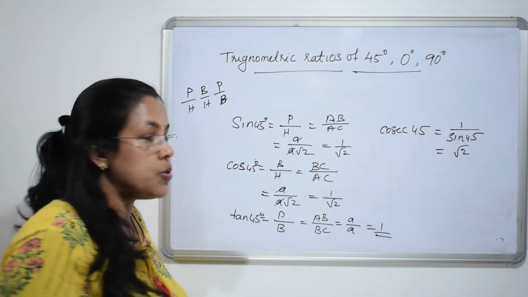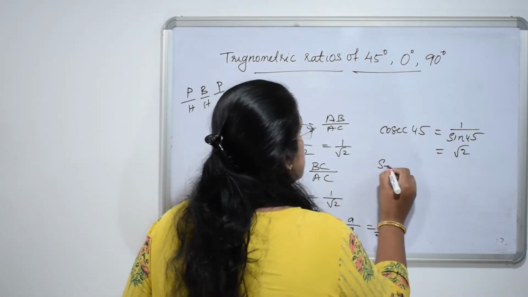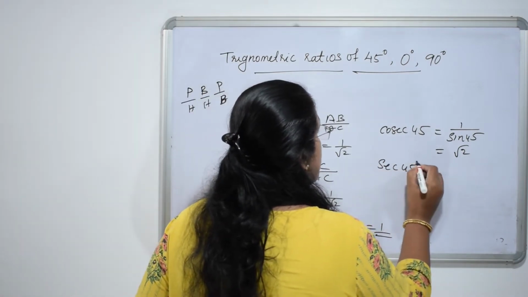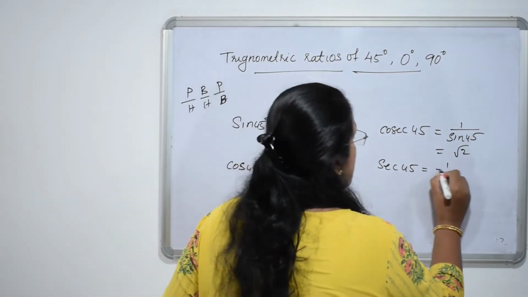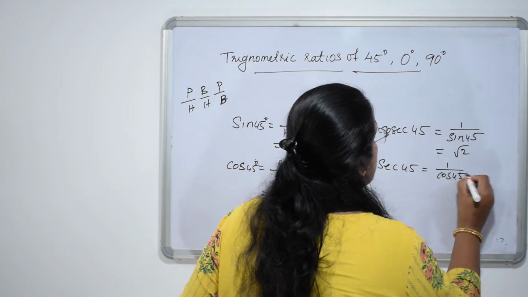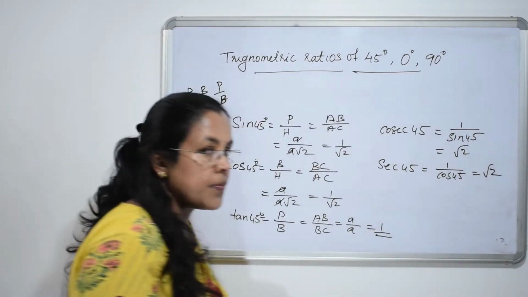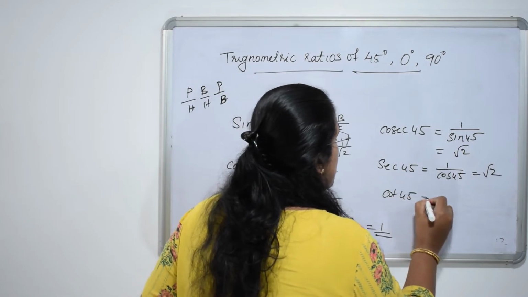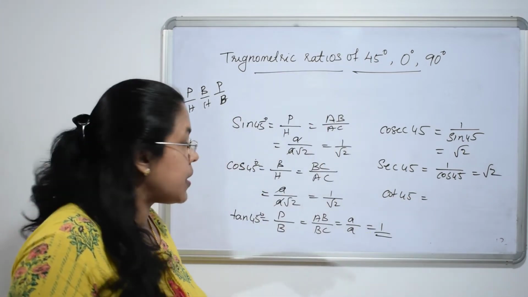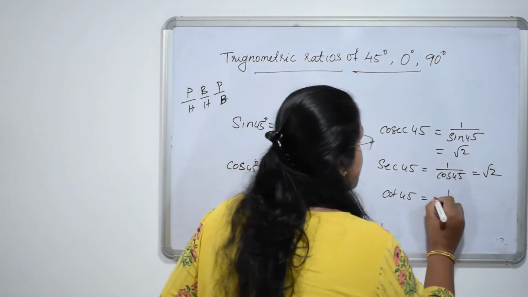That is root 2. Now what is sec 45? Sec 45 is the reciprocal of cos 45. What is the reciprocal of cos 45? Again root 2. Now the last one, cot 45. Cot 45 is the reciprocal of tan 45.